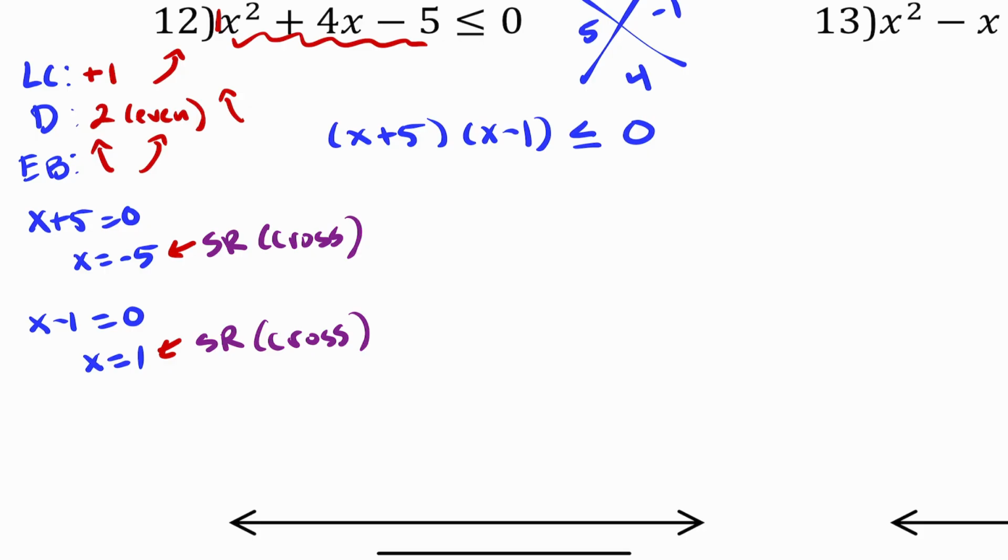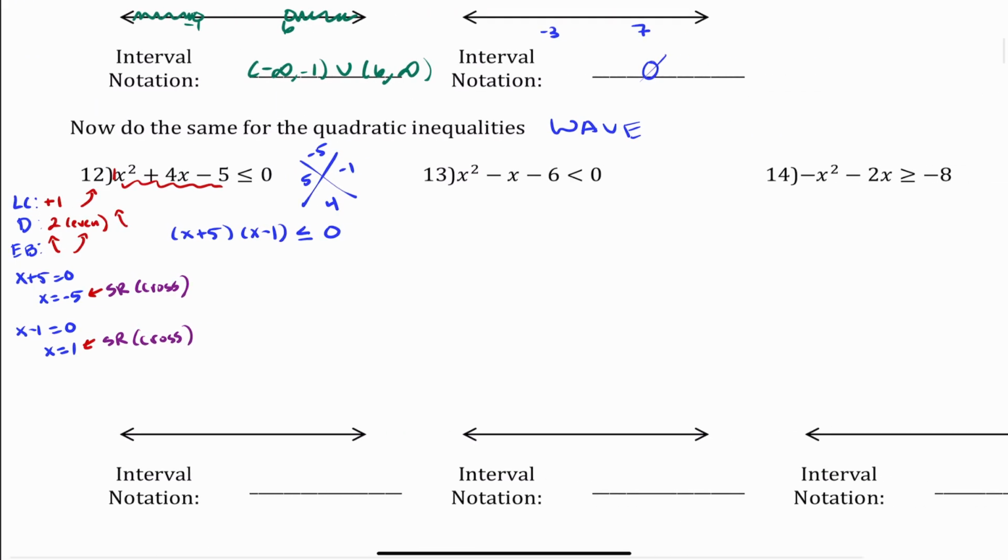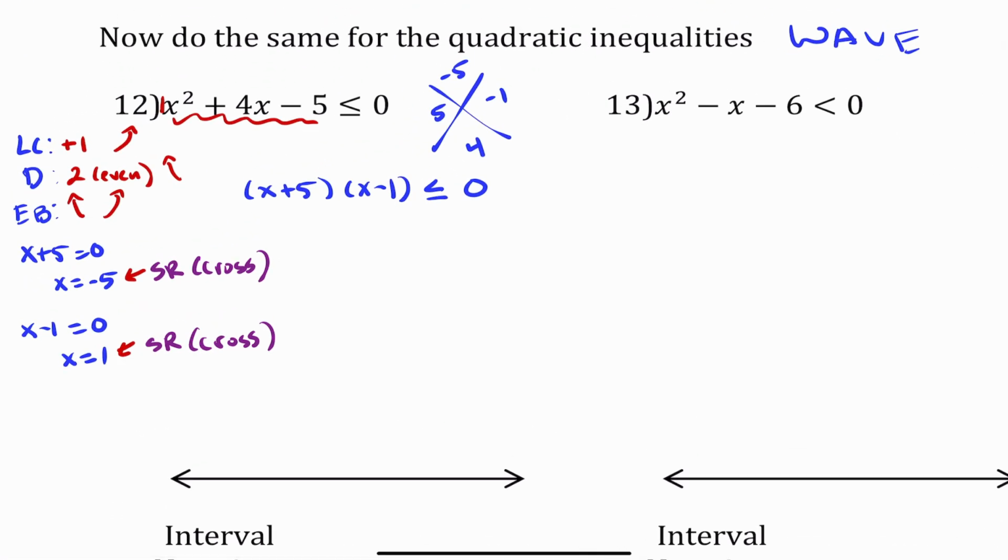If I had x equals 1 again, then we'd have x equals 1 and x equals 1. That's a double root, therefore we bounce. So, negative 5 appears first on the number line before 1. This is a less than or equal to, so both of these are going to have a closed dot.